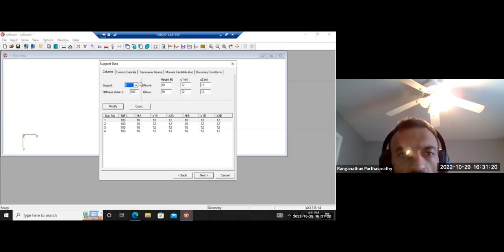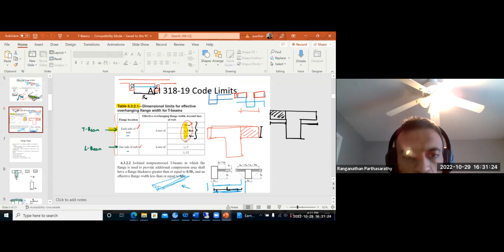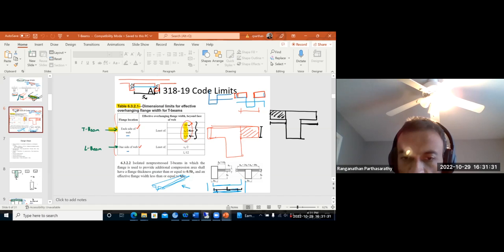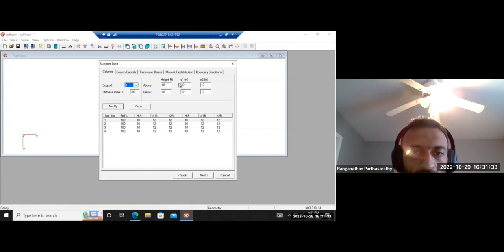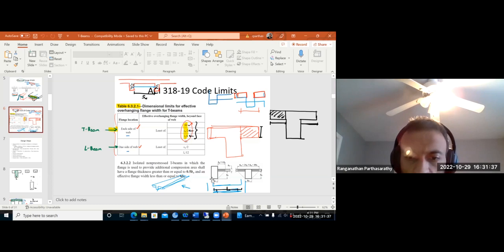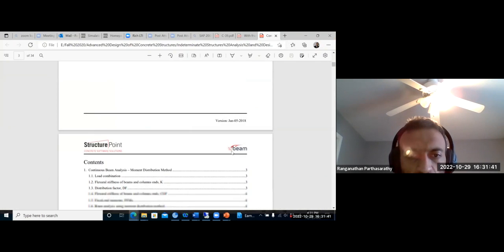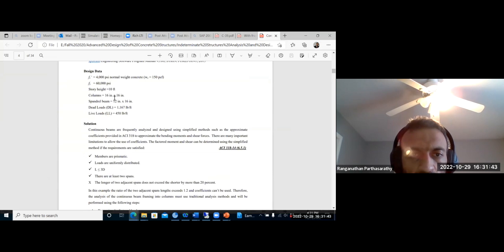Okay. Now columns. So how are the columns? Columns are 16 by 16 at all the supports. So height. If you notice, story height is 10 feet.